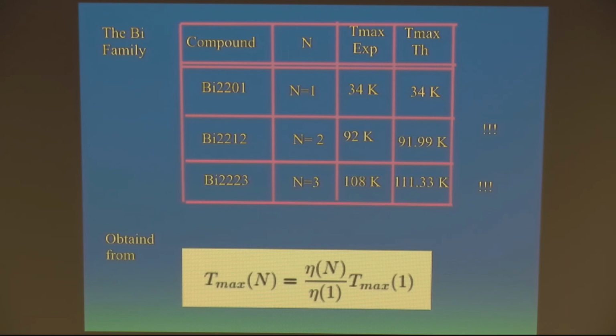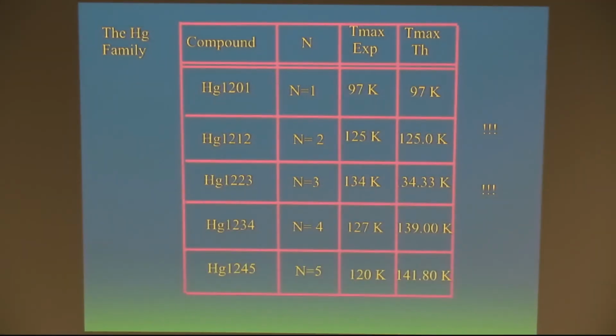No, I agree. That's correct. But the indication here is that the result you obtain, assuming they are equally doped, is exactly what you have for n equals 2, and quite different for n equals 4 and 5.